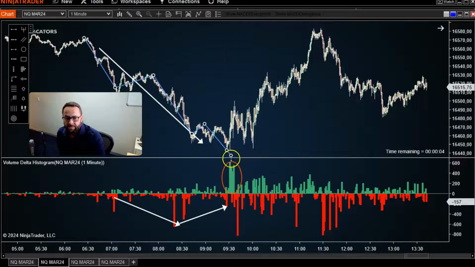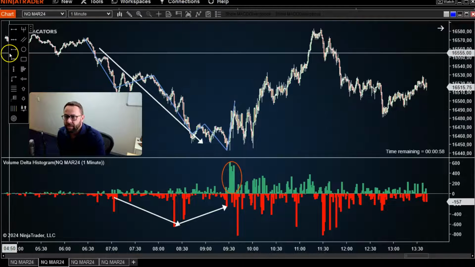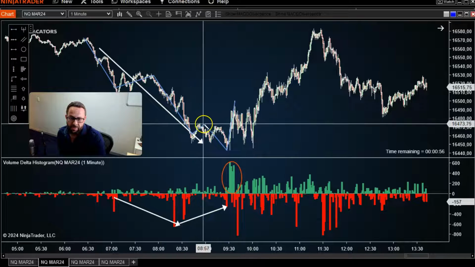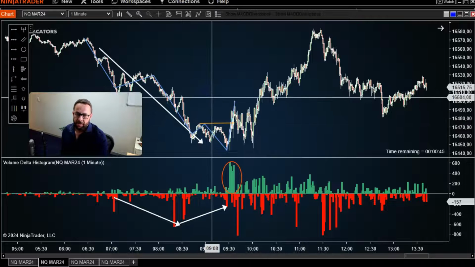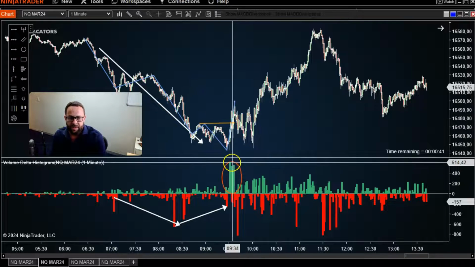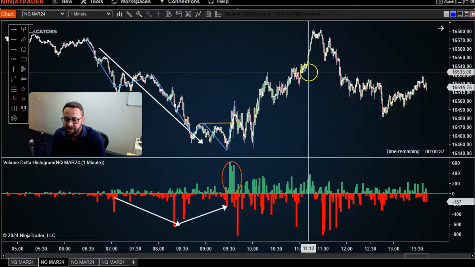And then accompanied by this increase in the volume delta histogram to the upside, where buyers stepped in, you can see there was a break of previous price structure around about the 9:33 a.m. mark, which is typically where a lot of volume starts coming into the indices, in this case the Nasdaq. Now this would be a specific clue that I'm going to start looking for long positions in the Nasdaq.